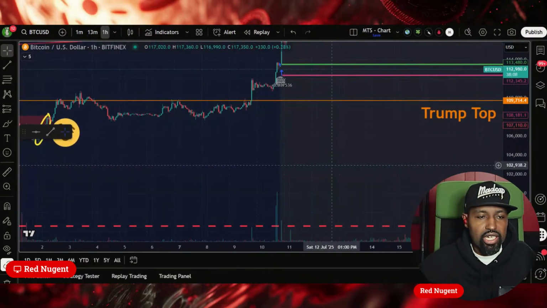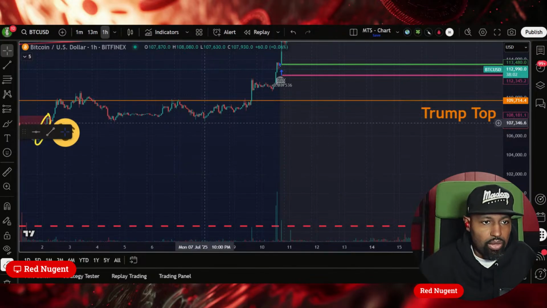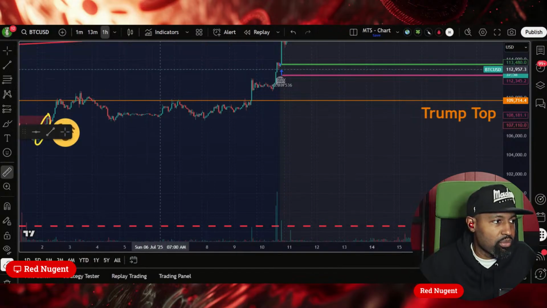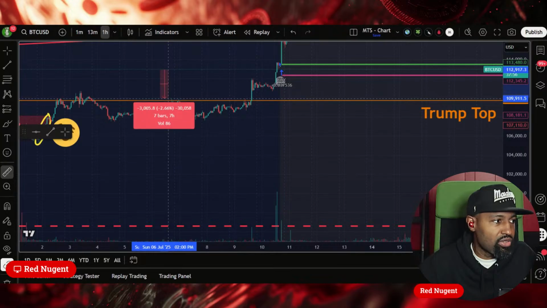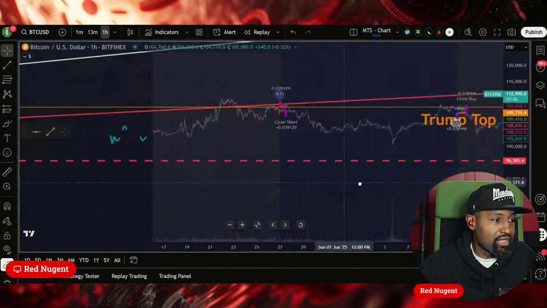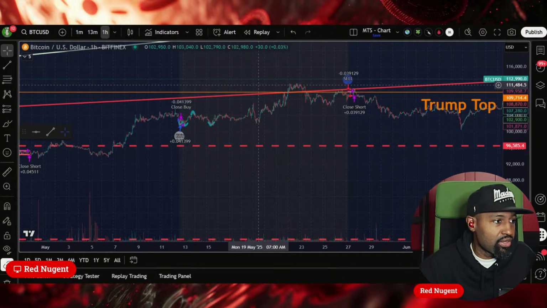Trump's top was the inauguration top for Bitcoin, about 109, 110. That would be the next leg down, which is only 2.5% away. Not a lot. We can do that in today's session. If we can get a bounce there or in this region, that would be great.